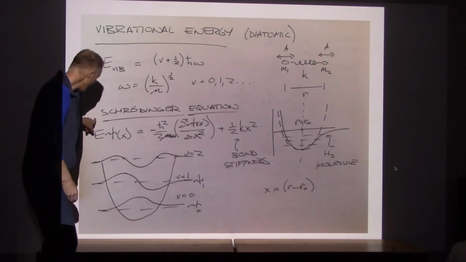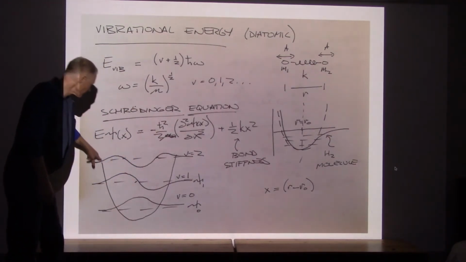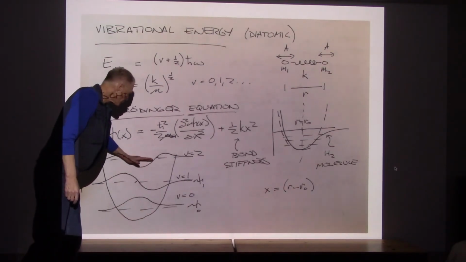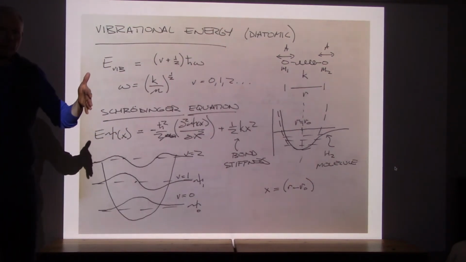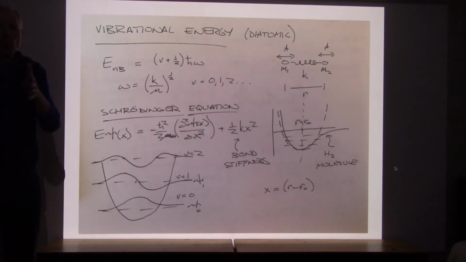Now, if we look at that energy profile, 1/2 kx squared, and draw that, what that says is as we move up in energy, there's a larger and larger possibility for amplitude of vibration. There's a wider and wider range of possible values for our bond length.